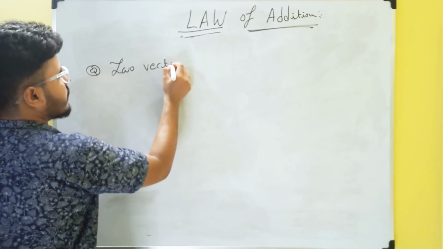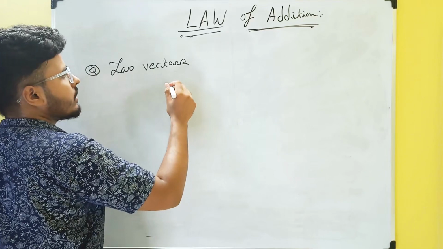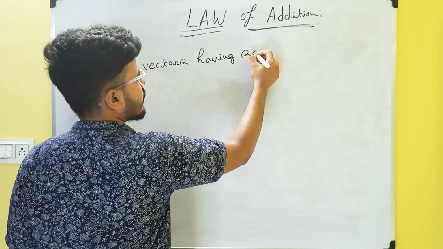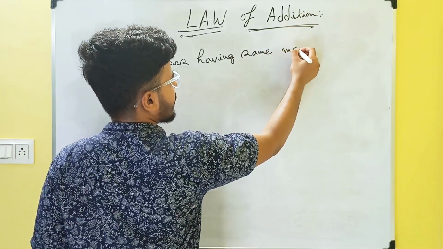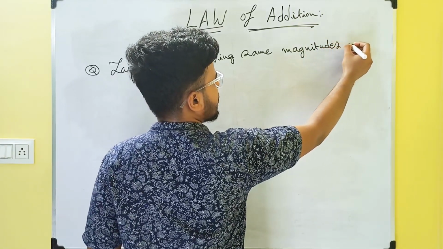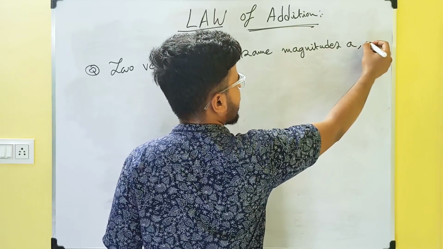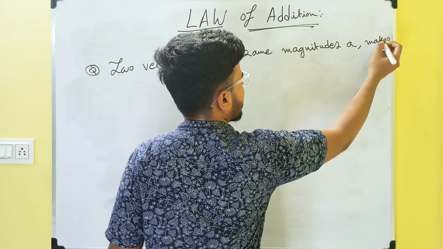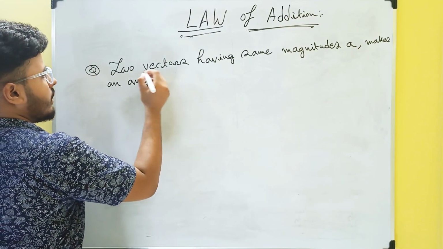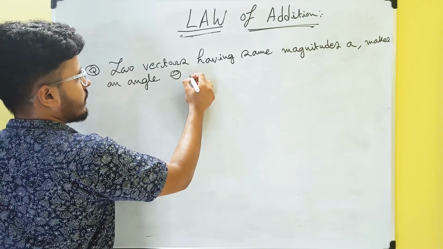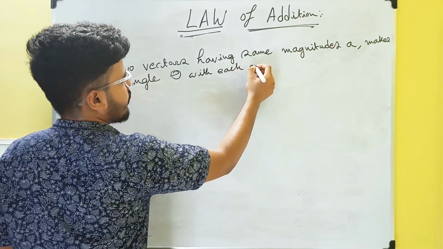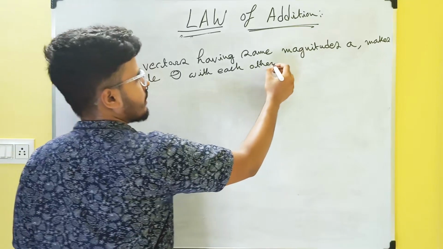Two vectors having same magnitude A make an angle theta with each other.